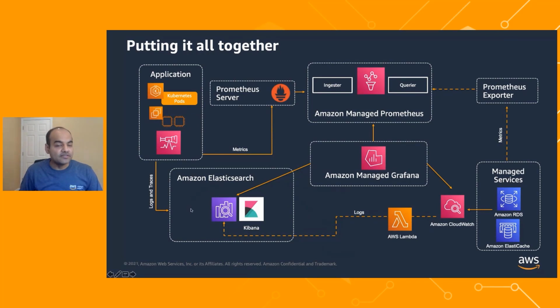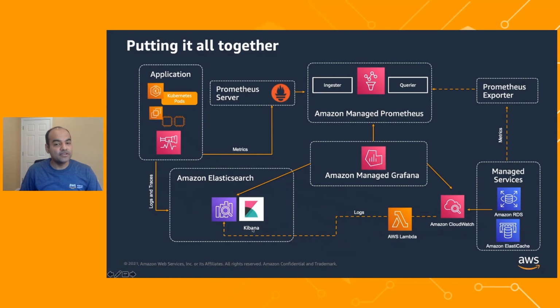Amazon Elasticsearch Service is gathering all the logs and traces from your applications, traces using Jaeger and Zipkin, and logs using the collectors and aggregators we talked about. You can use Kibana to visualize all the logs and traces. You can also have Amazon CloudWatch logs sent to Amazon Elasticsearch Service using AWS Lambda.